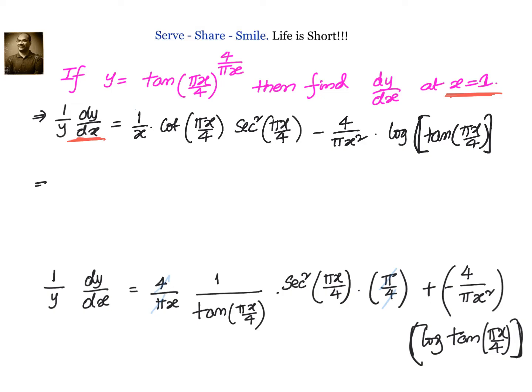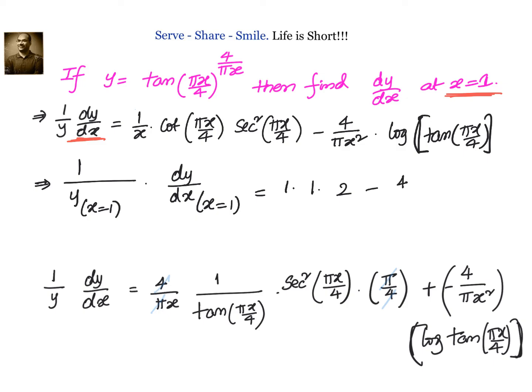In the next step I can write 1/y value at x equals 1 into dy/dx at x equals 1, that is what we need to find out. 1/x is 1, cot(π/4) is 1, and sec²(π/4): we know cos(π/4) is 1/√2, cos²(π/4) is 1/2, so sec² 45 degrees will be 2.